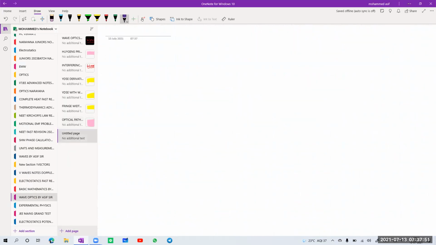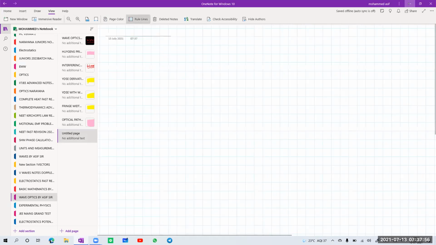Let us try to understand this in detail again. YDSE with thin transparent sheet.